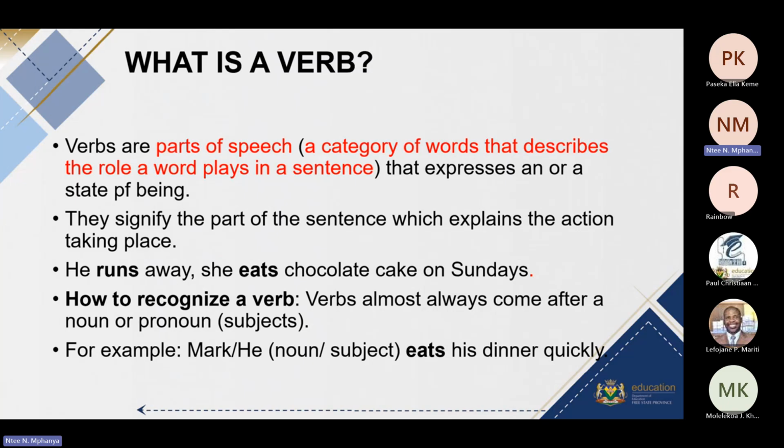Mark and he are nouns or subjects in the sentence, then eats. Can you see the position of the verb? Here is our verb. There is Mark and he. Just before that, we have our noun, and then immediately after that, we have our verb. That's why they say they come after a noun or a pronoun.